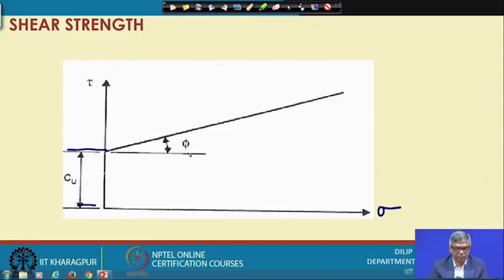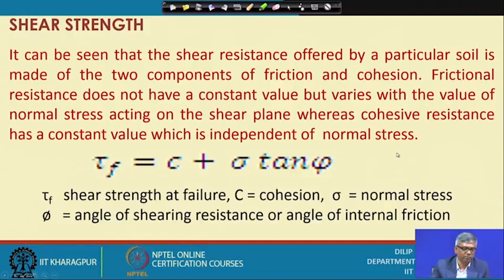If you have C and phi, then it will have a definite shear strength equation, which can be written in this form.